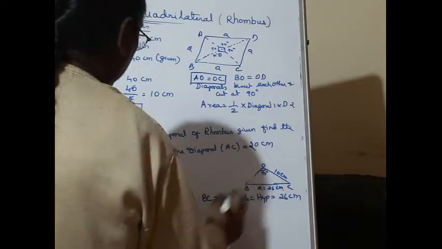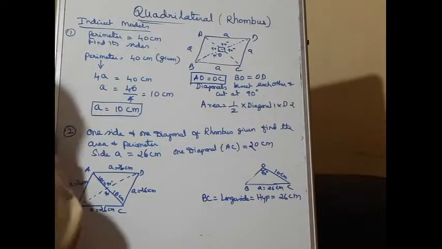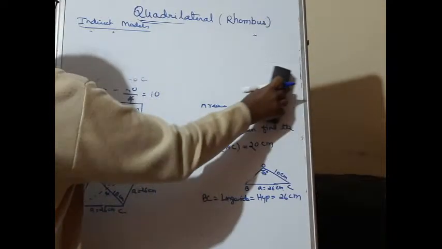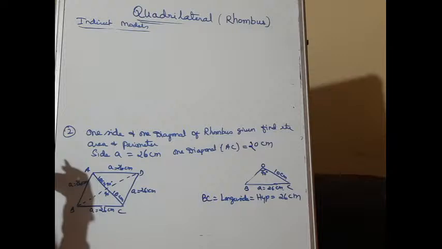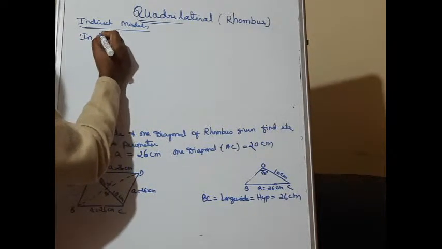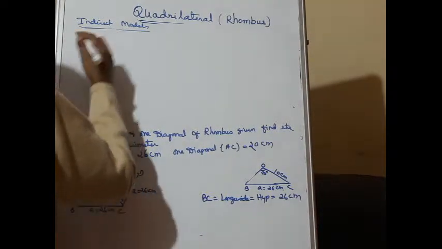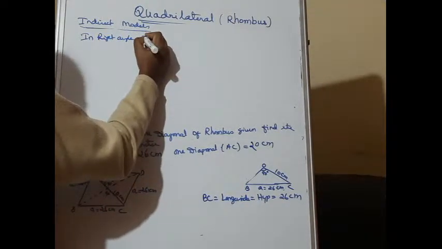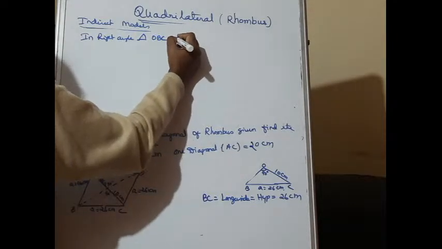Now children, we have to find OB. These kinds of indirect models are quite hard. In right angle triangle OBC, first you have to find OB using the Pythagoras theorem.